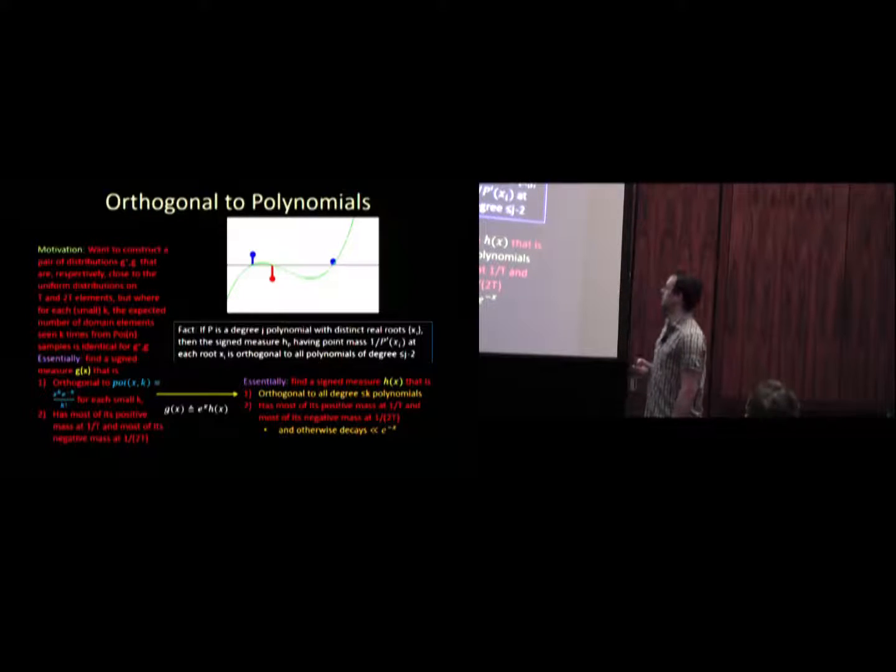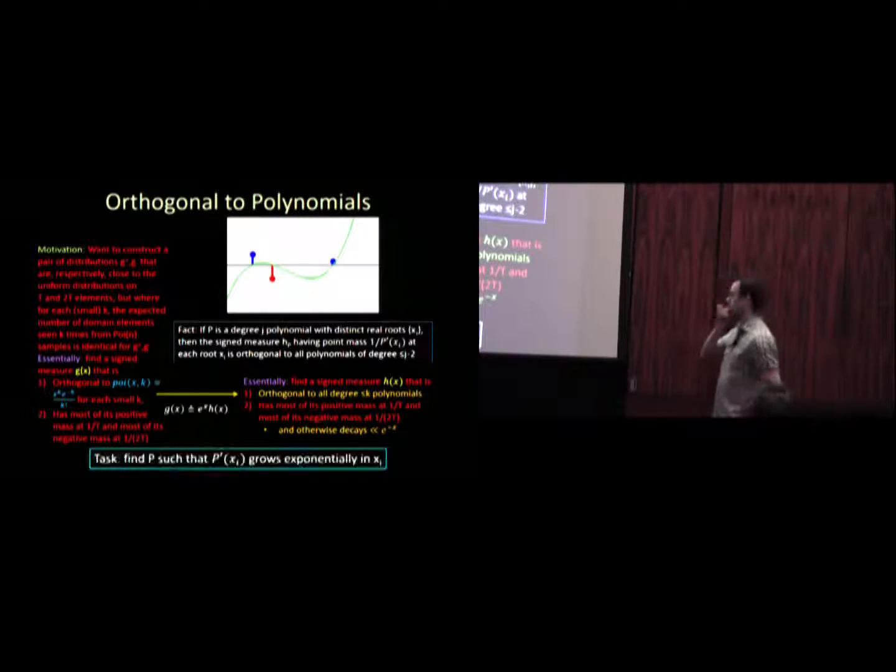And the question is, what do we have if we try to find a polynomial that meets our criteria? Remember, what we're trying to do is find a polynomial such that the really hard property we're looking for is that the derivatives at all the roots grow exponentially in the root.